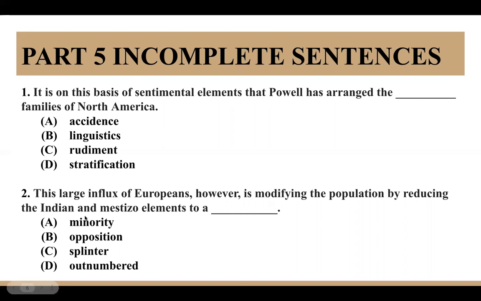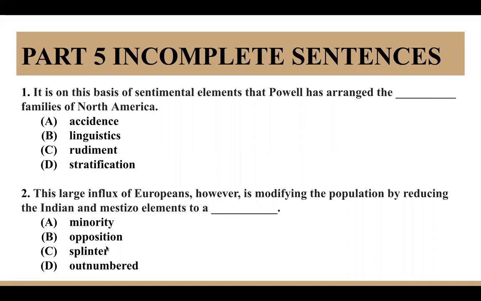Moving to the next. All right, this large influx of Europeans, however, is modifying the population by reducing the Indian and mestizo elements to blah, blah, blah. So we can look at the possible answers first. Minority, less, at least less or minority, a small group of people, a small group of community, let's say like that. Opposition here, when it comes to opposition, what you need to understand from the context is that we have to see the transitions, okay?